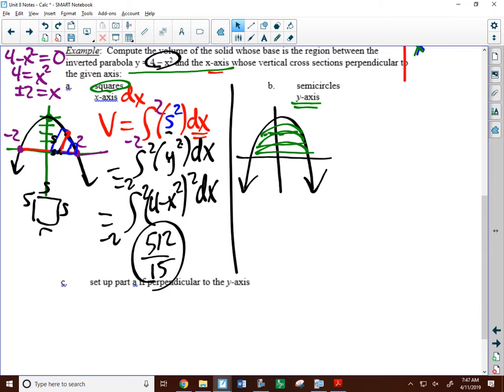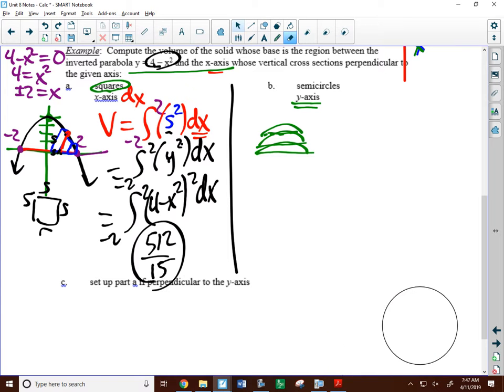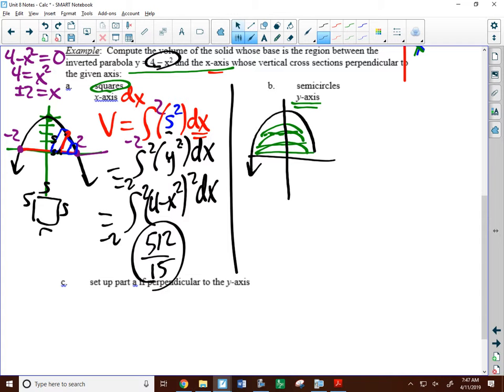So semicircles on the y-axis. The volume is an integral of, let's put the area formula in here.